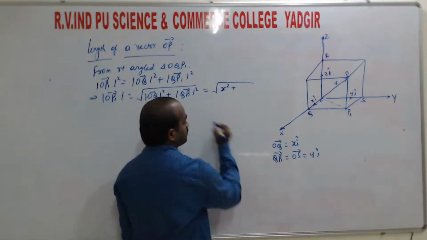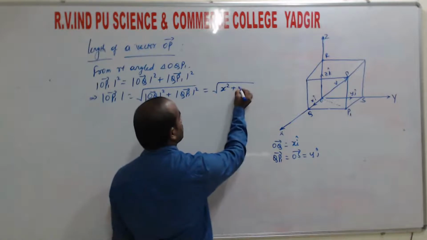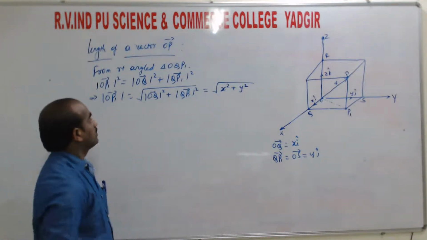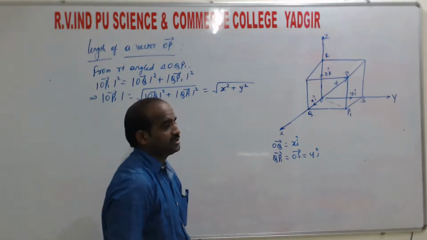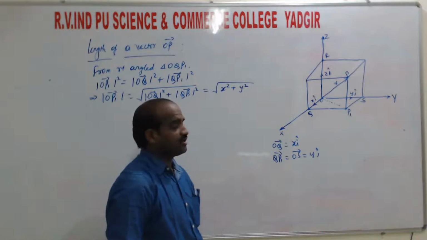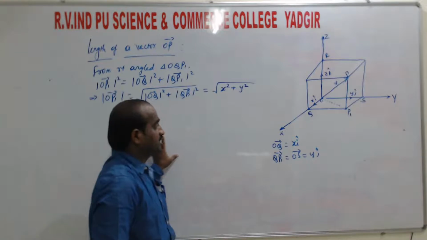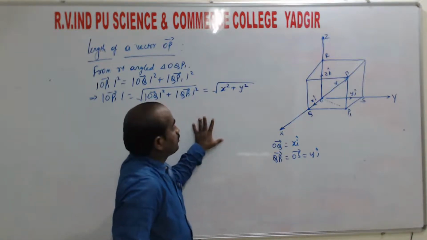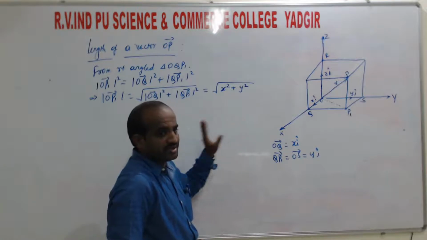QP1 is the magnitude of yj, so we take y squared. As I already told you, the magnitude of the OP vector, the position vector of a point, is the root of x squared plus y squared plus z squared.